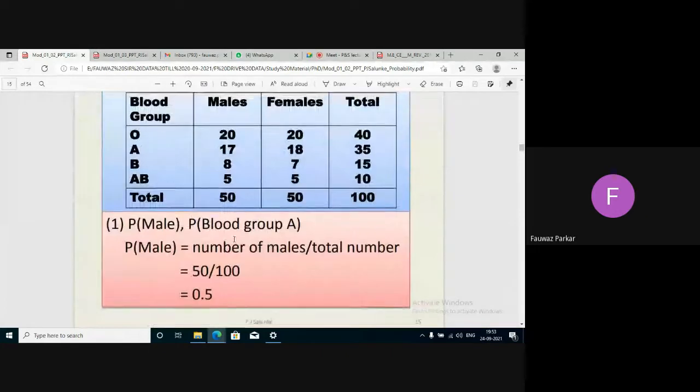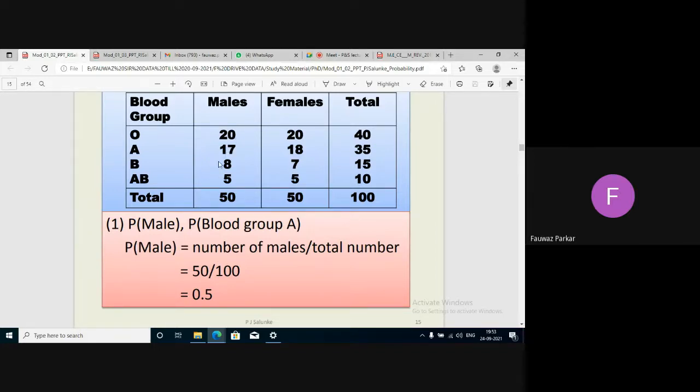If probability of blood group A is also asked, what will we do? Condition that it is a male, if the condition is given, तो simply will take denominator में क्या लेंगे, 50 लेंगे ना. Making sense? If just we need to find male, that is fine. But if the person is male, what is the probability that the blood group is A?